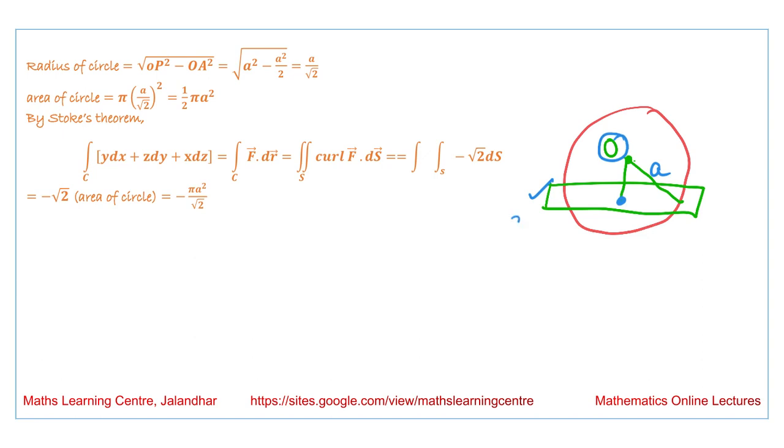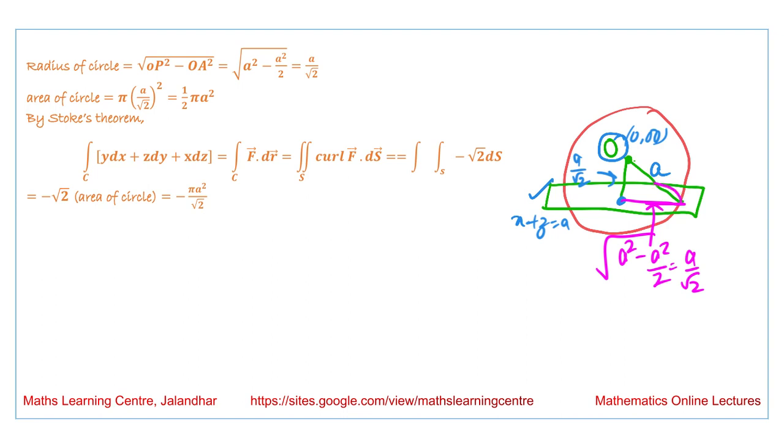The equation of this plane is x plus z is equal to a, and this point is 0, 0, 0. So the distance between these two is a by root 2. So by using the Pythagoras theorem, this length is under root of a square minus a square by 2, so the answer we obtain is a by root 2.